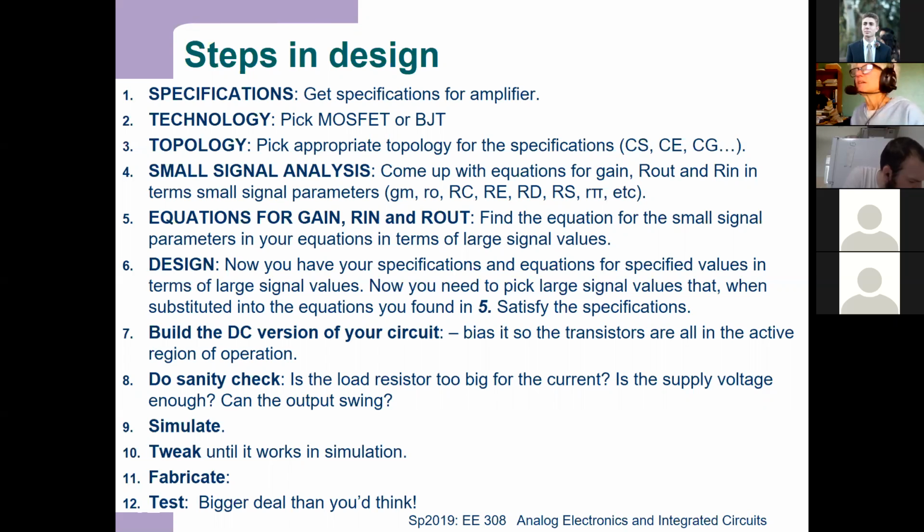So topology is, let's say your boss says, I need a high gain and a high R in. Remember from last homework? Or a high magnitude of gain and a high R in. Do you know what single transistor amplifier you might use?